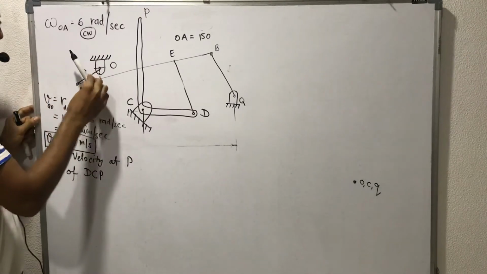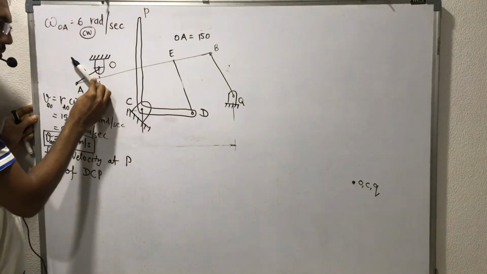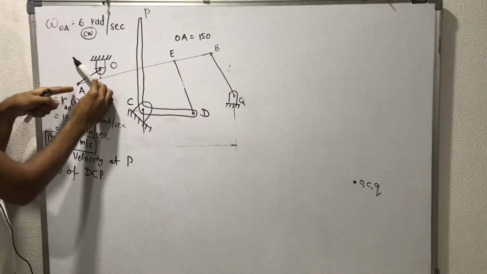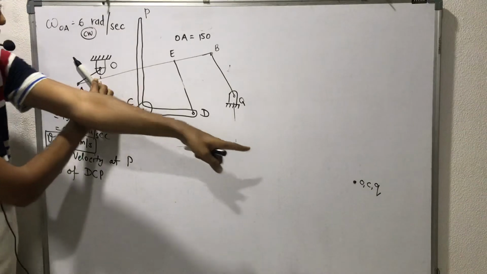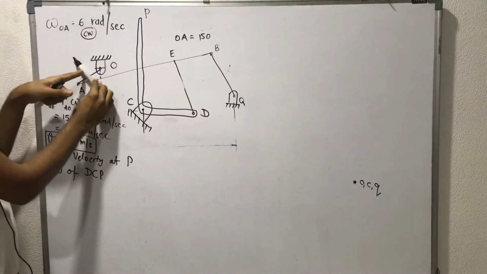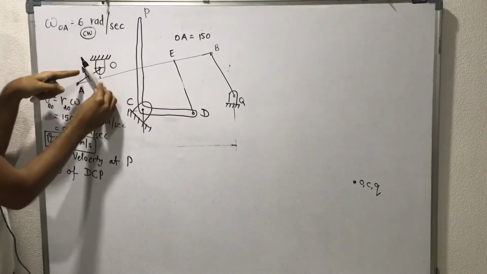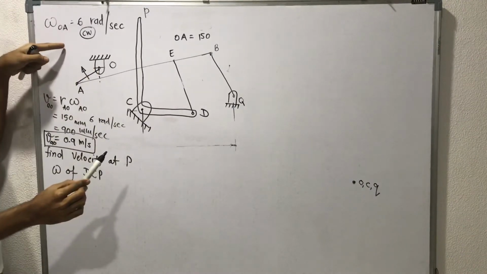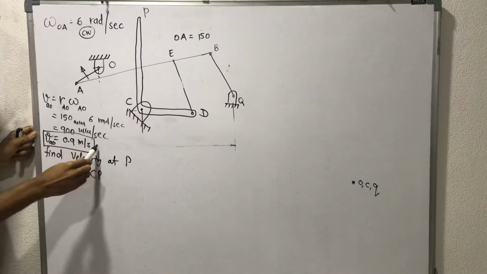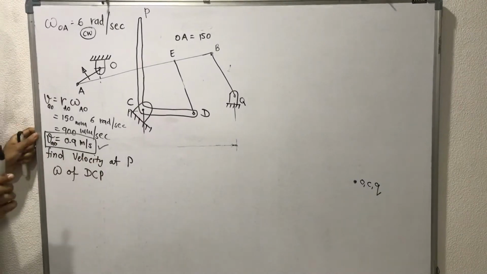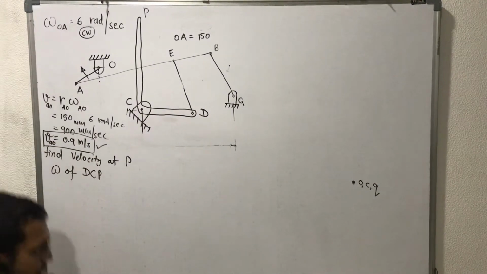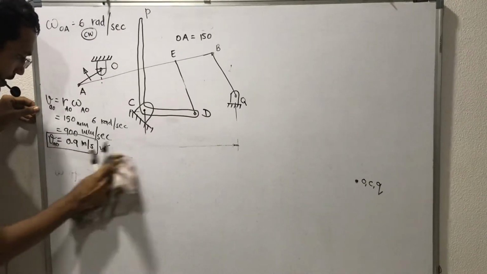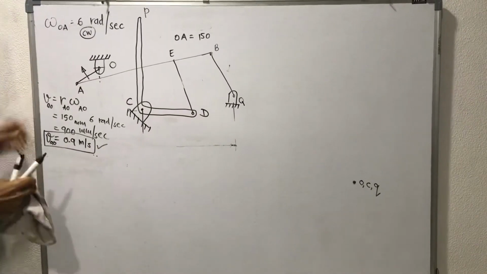Now draw a line perpendicular to OA, passing through either O or A, but we don't have A point in the velocity diagram. So we will draw the perpendicular line from O in the upward side, because it is clockwise, that's why the upward arrow is right. And the dimension represents 0.9 meter per second. But we are unable to draw 0.9 meter per second, so we will consider an appropriate scale.